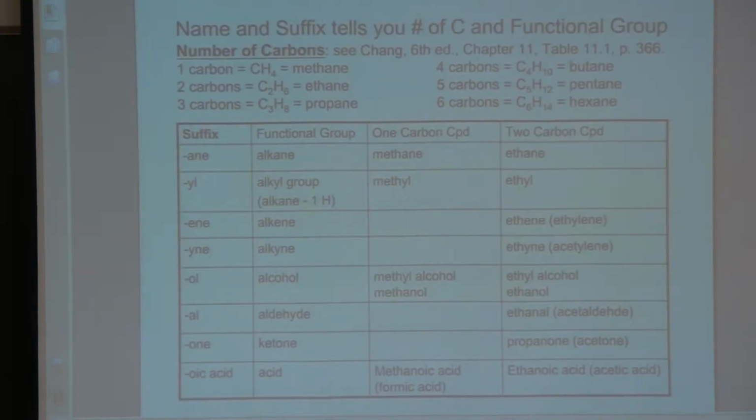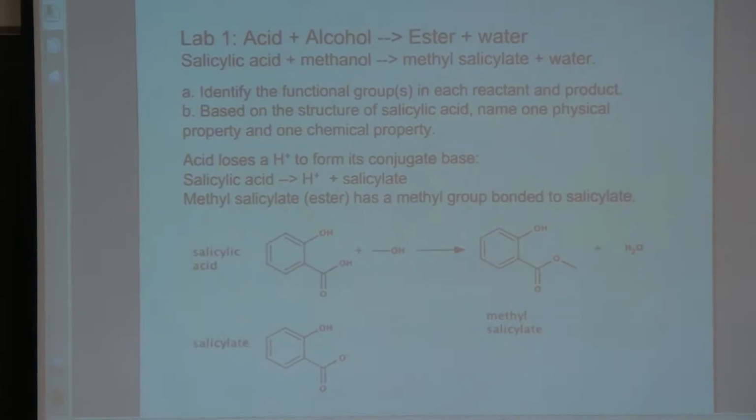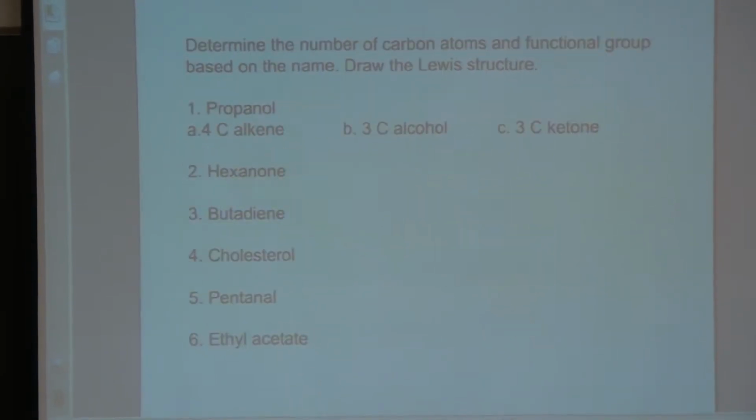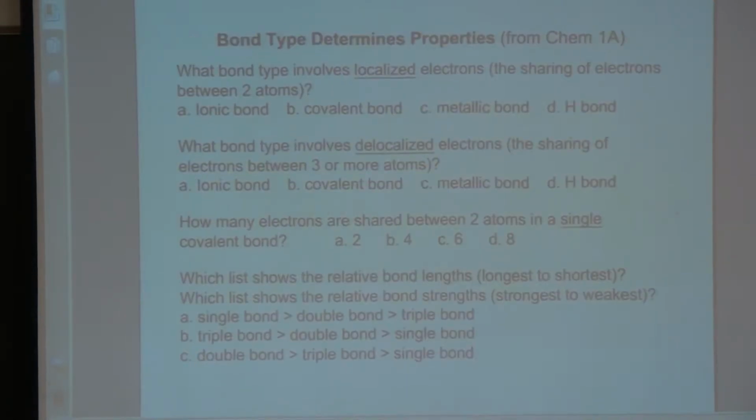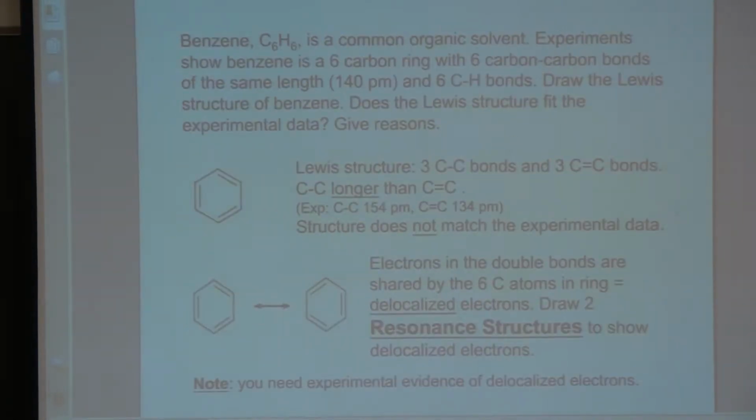We talked a little about naming. I want to ask you how to name compounds in chapter 11. This is what we did in lab 1. We also talked a little about resonance structures. Note that resonance structures are used because Lewis structures show localized electrons only.